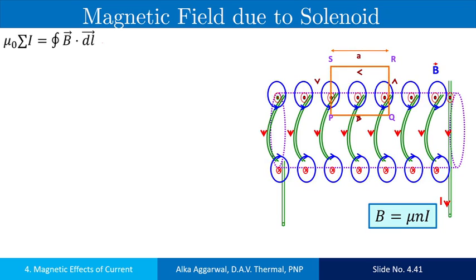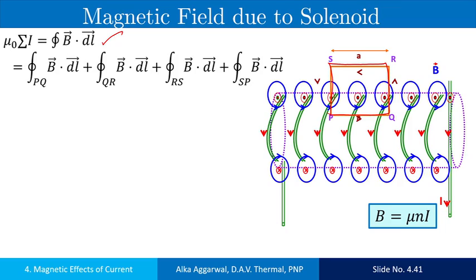It is Ampere's Circuital Law, and it is mu naught times the total current in this loop. Now this can be written as the sum over the sides PQ, QR, RS and SP.